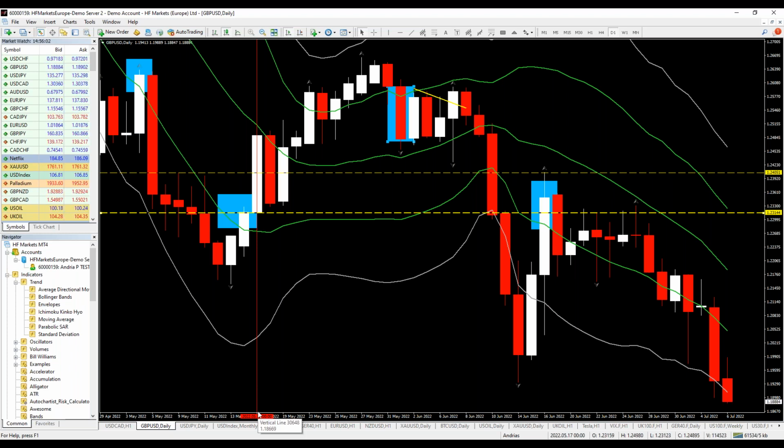So 160 pips multiplied by 2 means 332 pips away. So that means it should be somewhere here, 331, 332, somewhere here.